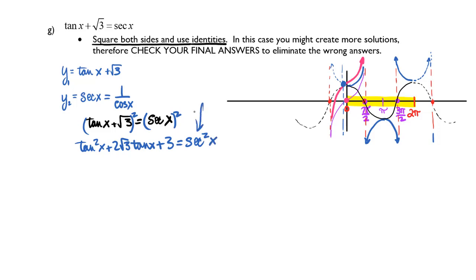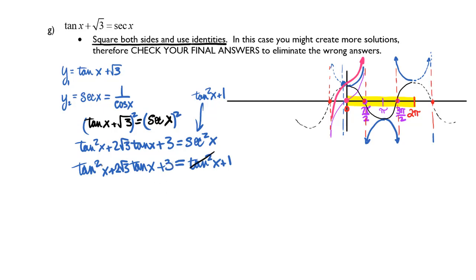Now remember, this is a Pythagorean identity, and that secant squared x equals tangent squared x plus 1. So I'm going to replace that with tangent squared x plus 1 on the right, and tangent squared x plus 2 root 3 tangent of x plus 3 on the left.